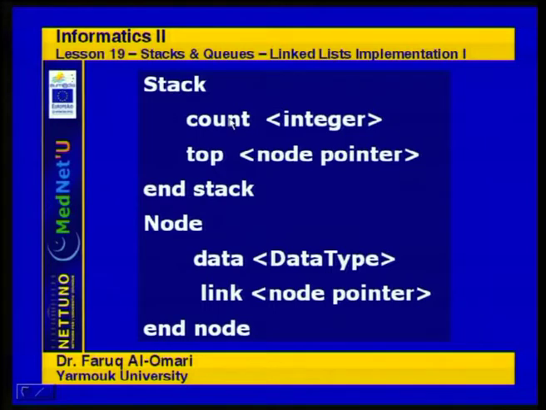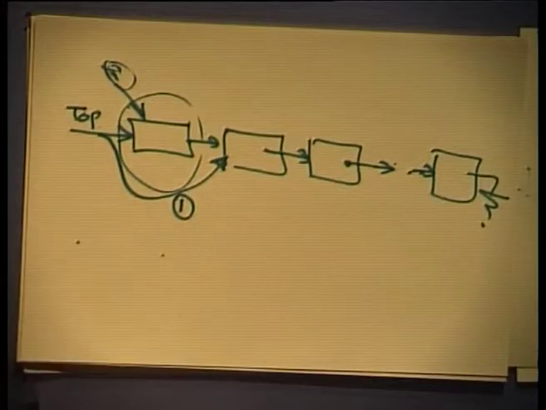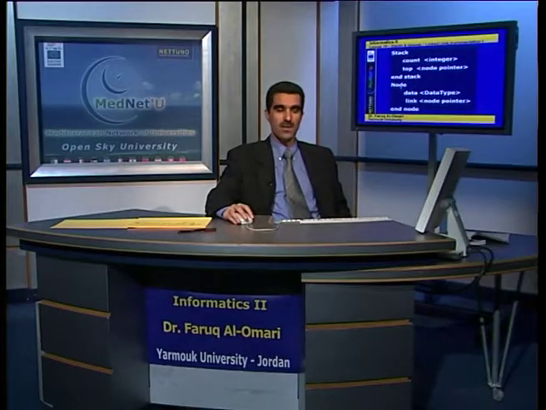So basically, the stack itself is defined like this. I will have a count, of type integer. This is pseudocode. We're going to write the C code in a second. And top of type pointer to a node. And that's basically the definition of the stack. Only this, top and count. The node itself, however, contains inside it the data.